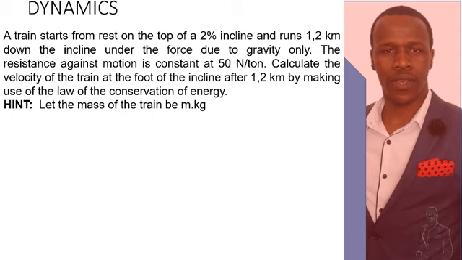It reads as thus: a train starts from rest on top of a 2% incline. Now our incline is given as a percentage. So that means sine theta is equal to 2 over 100, or simply 1 over 50.